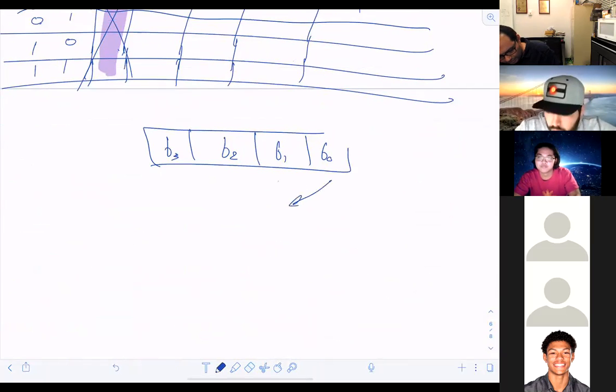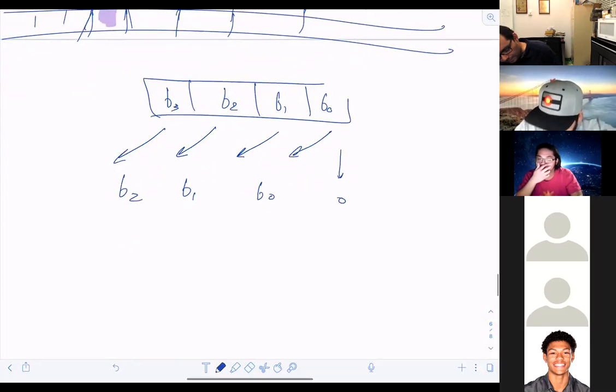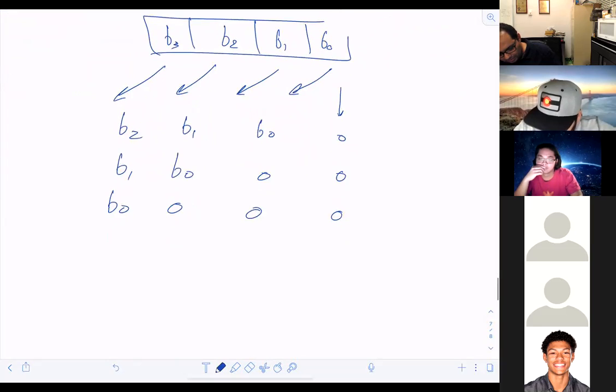If you move like this, right? So it's gonna be here 0, B0, B1, B2, right? And then you're gonna be the second one like this. B0, B1. Then you're gonna be this. All right? They're gonna be like this.